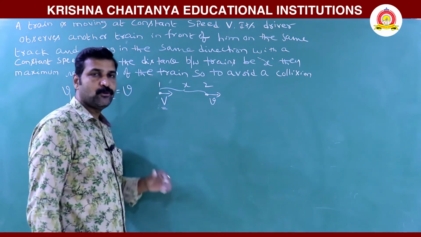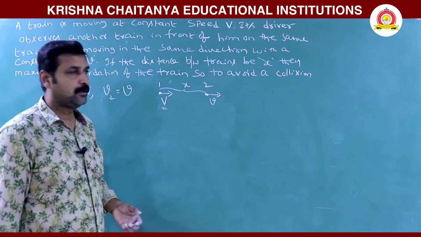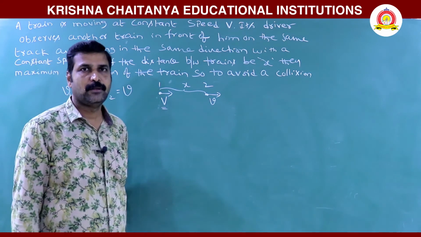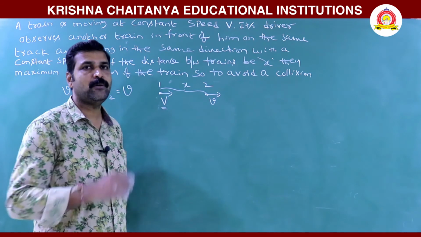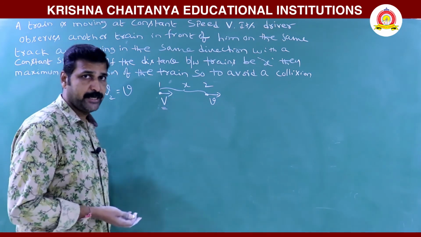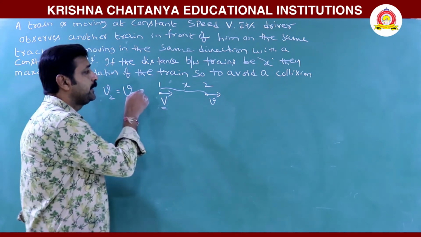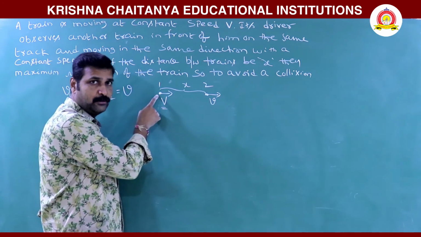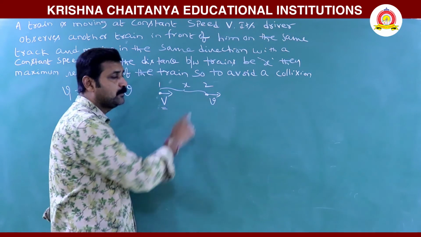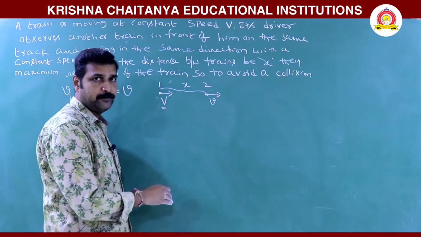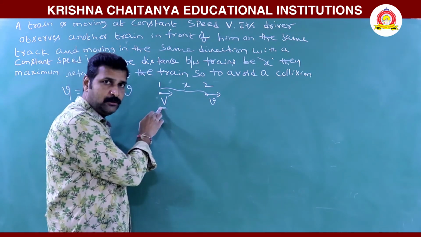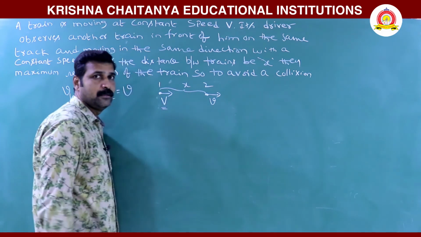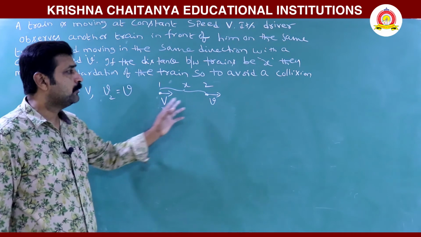And finally, if collision is to be avoided, both final speeds should be the same. Then only will collision be avoided. If the final speeds are the same, that means if it is slowed down with respect to this one, and its velocity becomes small v, then it could not collide.